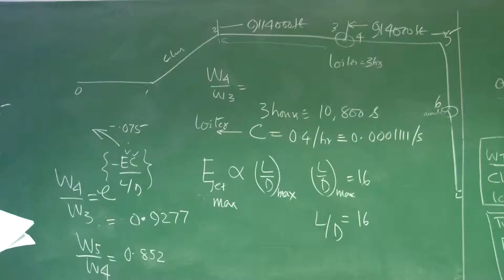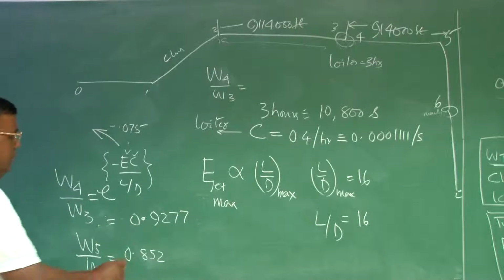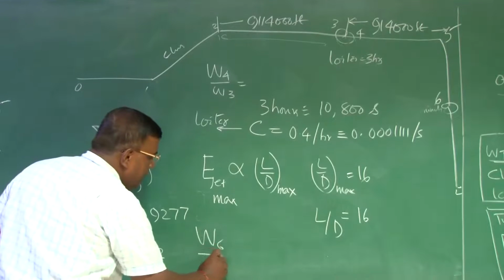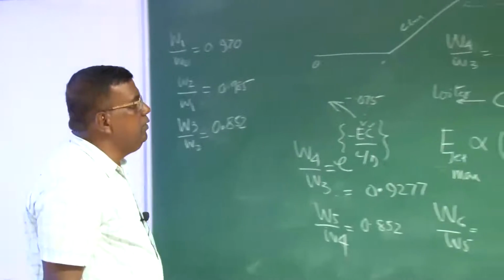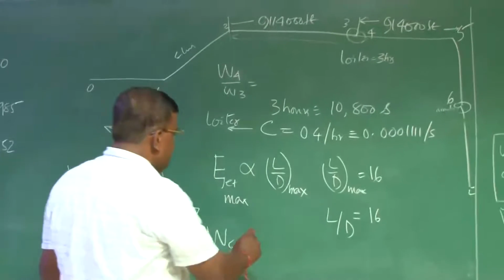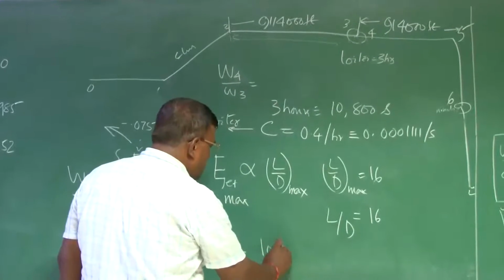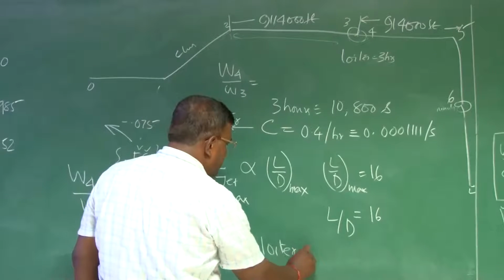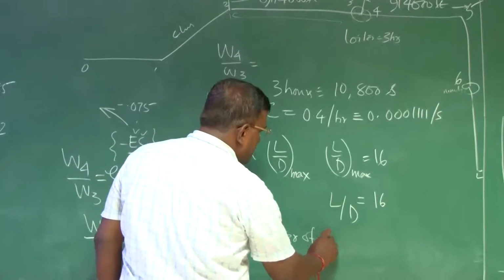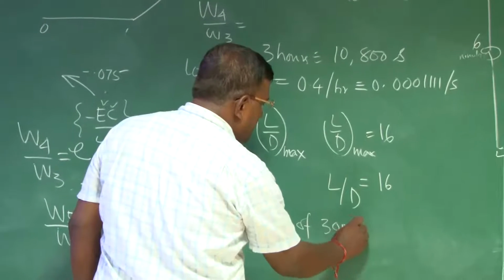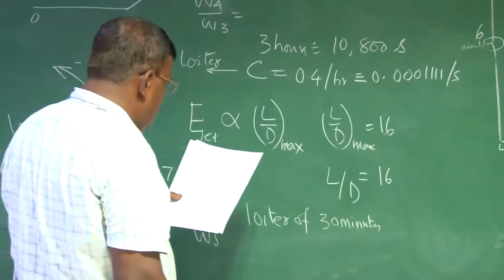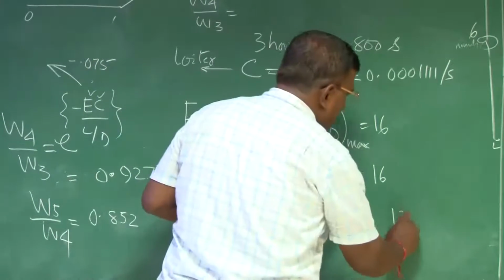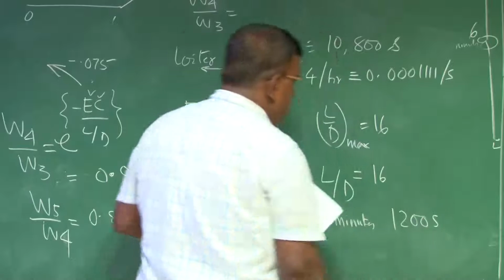Now we want to look for W6 by W5. W6 by W5 is what? We are looking for W6 by W5, that corresponds to loiter of 30 minutes as per the mission requirement, and 30 minutes means 1200 seconds.